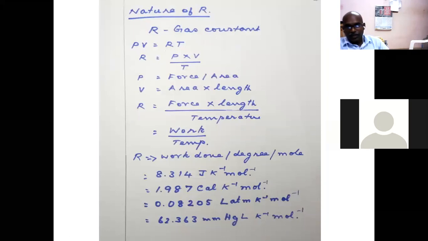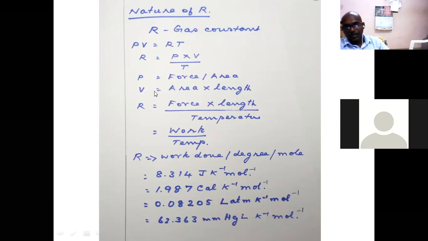Now look here. You should well understand the nature of R. R is the universal gas constant. What is the universal gas constant? You know PV is equal to RT. So R is equal to P times V by T. You know what P is? P is pressure. The unit is force acting per unit area.